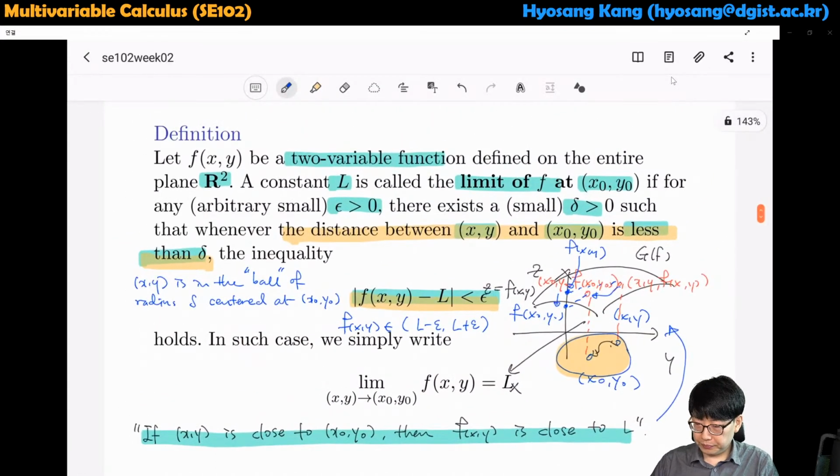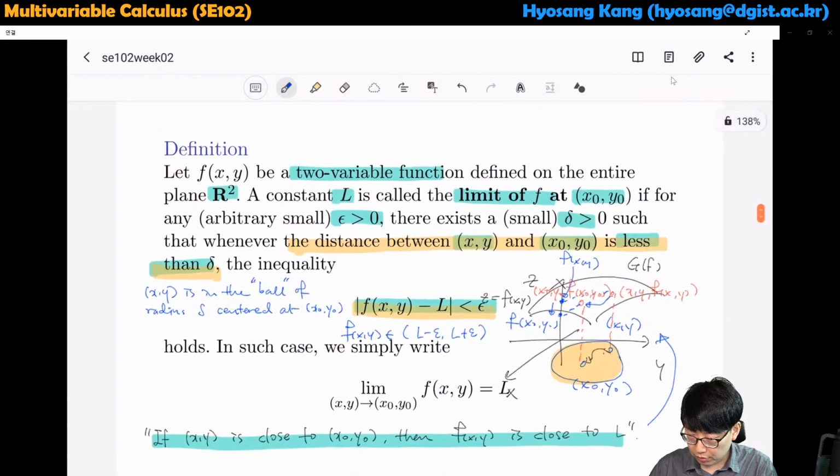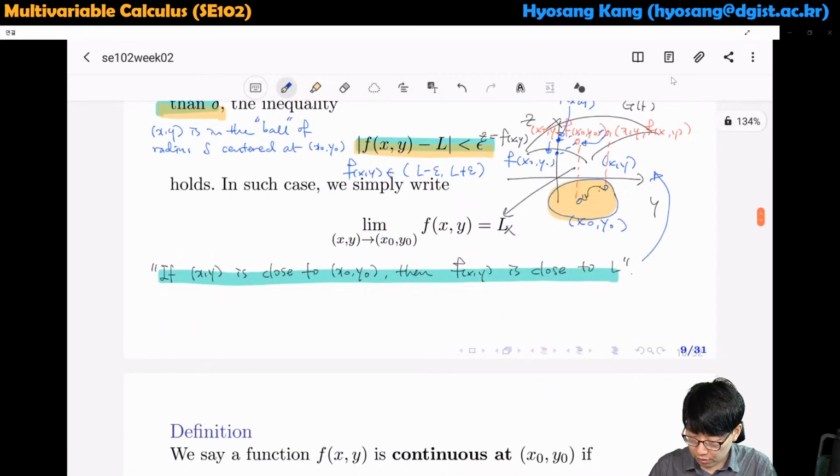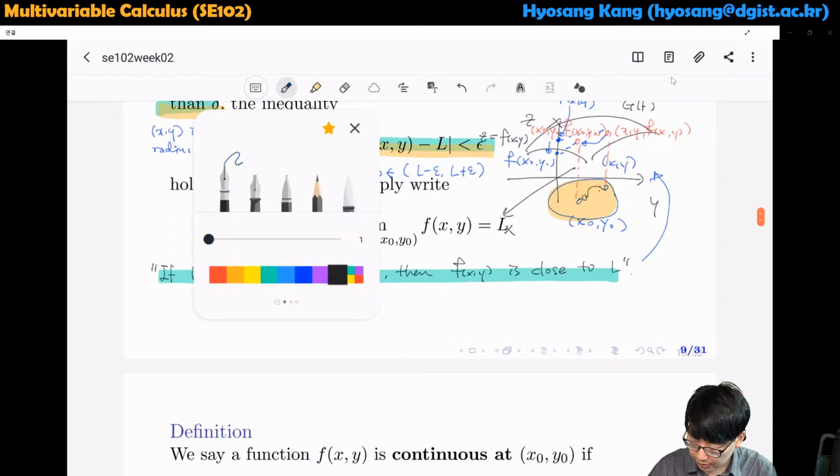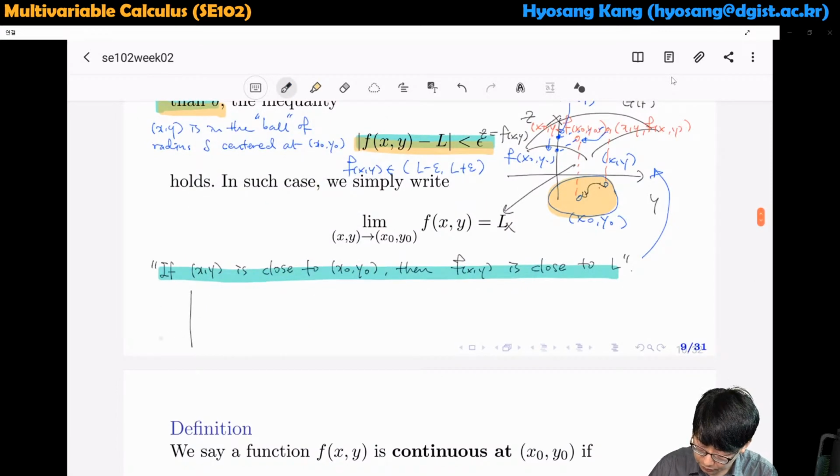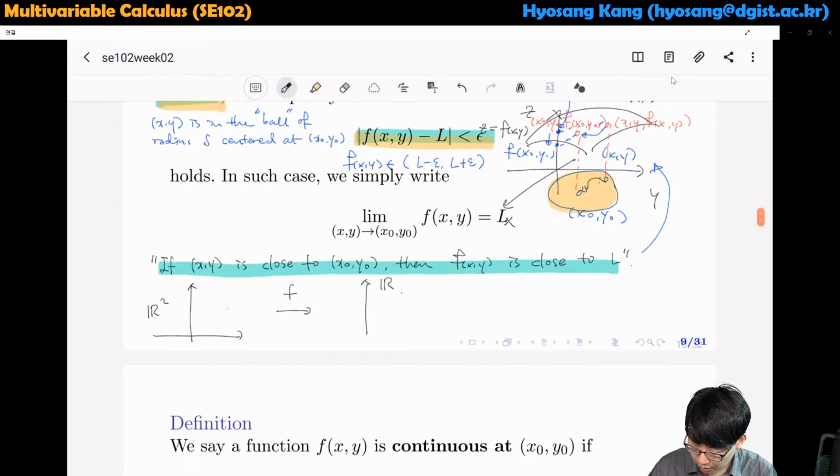Okay, you can think about this function in two-dimensional space if you really insist. Let's say this is our domain of the function, and let's say this is our range of the function, the one-dimensional space. Okay, so this D is R squared.